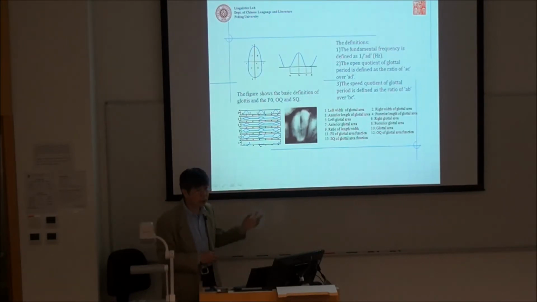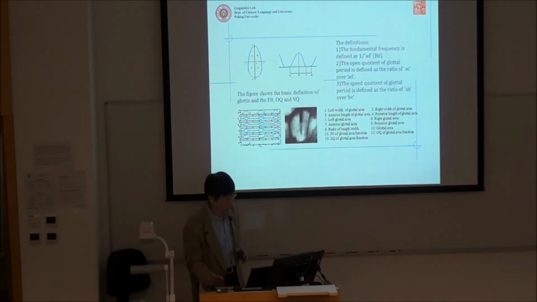This is a sample of modal voice, and all the parameters here, the 13 parameters. Now we have the left width of the glottal area, anterior length of the glottal area, and also we have the open quotient, the speed quotient, and of course we have F0, the fundamental frequency.